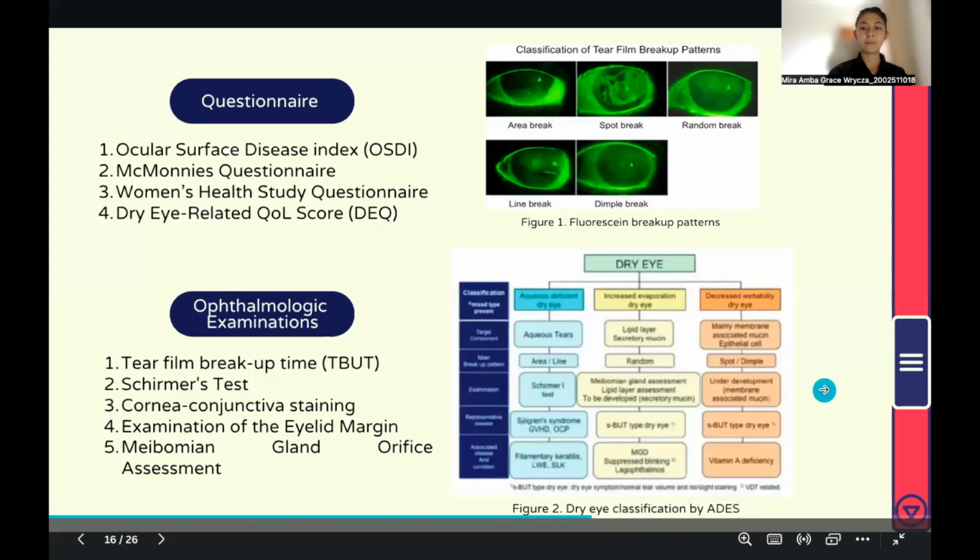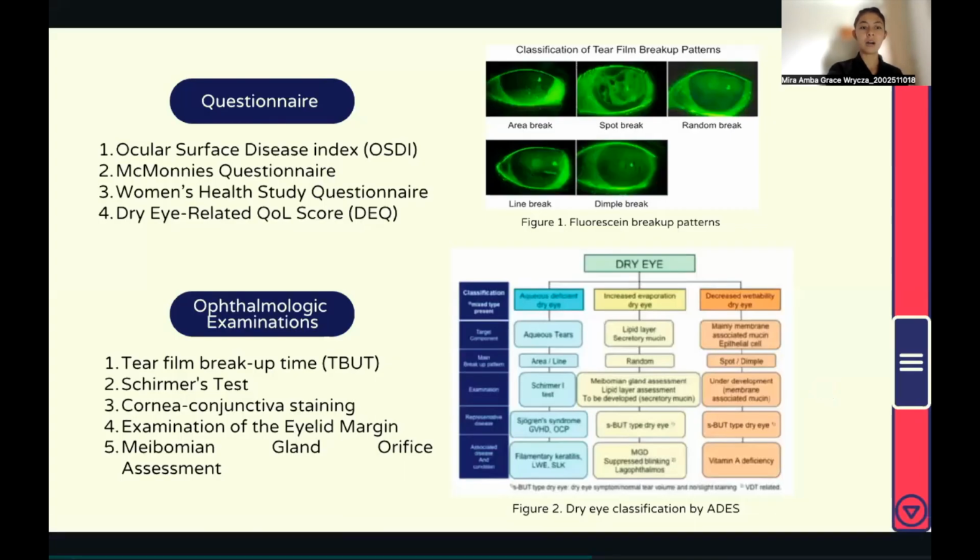Some of the questionnaires that can be used are the Ocular Surface Disease Index or OSDI, McMonnies questionnaire, Women's Health Study questionnaire, and Dry Eye Related QOL score or DEQ. Some of the ophthalmology examinations that can be done are TBUT or tear film breakup time, Schirmer's test, cornea conjunctiva staining, examination of the eyelid margin, and also Meibomian gland orifice assessment.